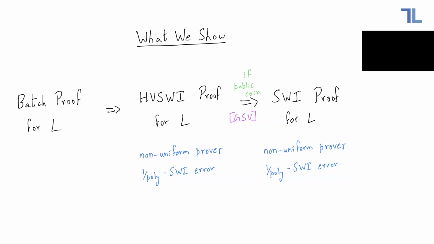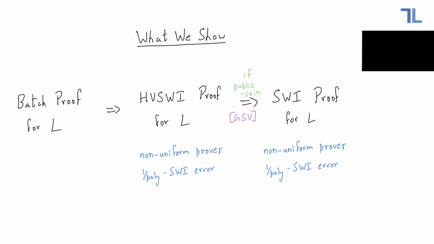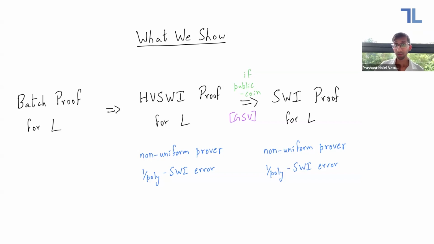So Siva was asking if perfect or statistical zero knowledge proofs guarantee such witness indistinguishability. Yeah, they would, and in fact, witness indistinguishability is a weaker guarantee than zero knowledge.